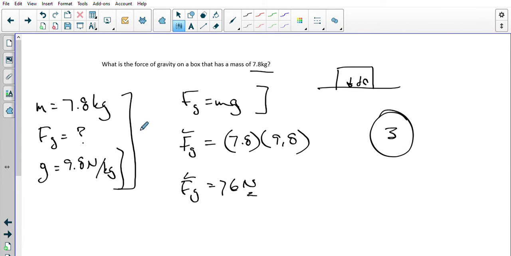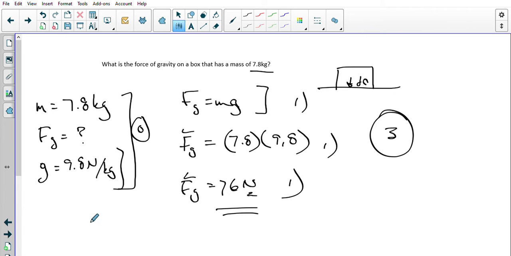Over here, I'm going to generally give you 0 marks for this, but this is just a good habit to get into. 1 mark for showing me the formula, 1 mark for showing me the substitution, and 1 mark for the answer with the proper units. That's generally how I would mark a question like this, and this is what I'm wanting to see.